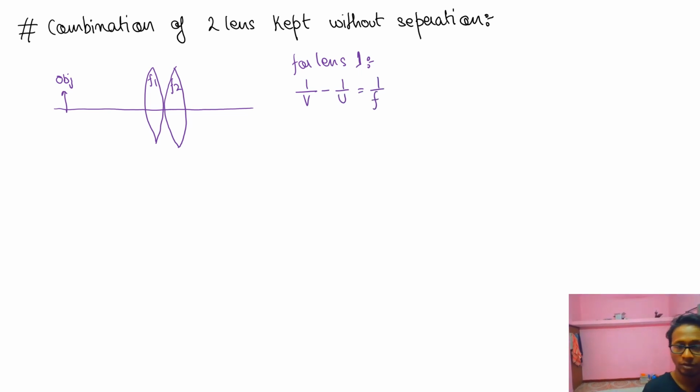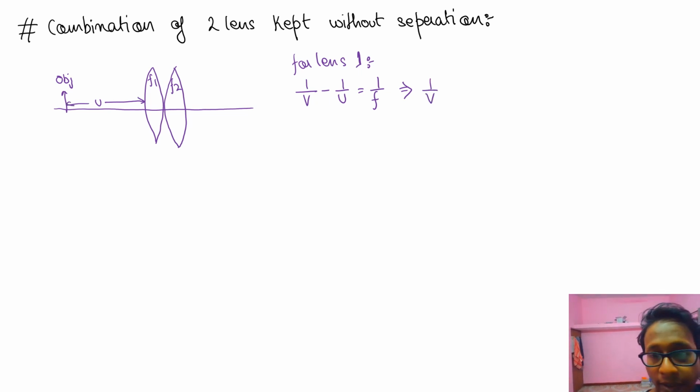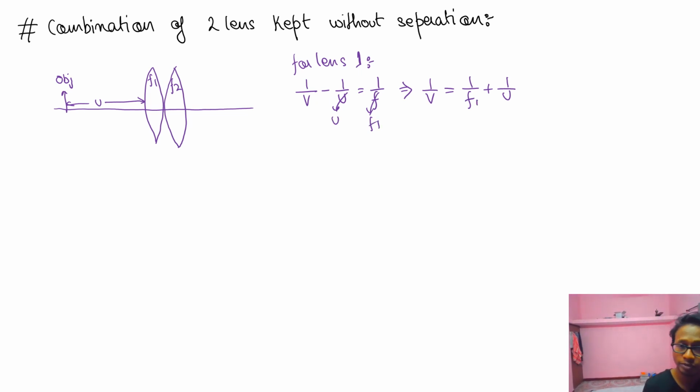So 1 by v is equal to 1 by f plus 1 by u, where this f will become f1. Understood this one?